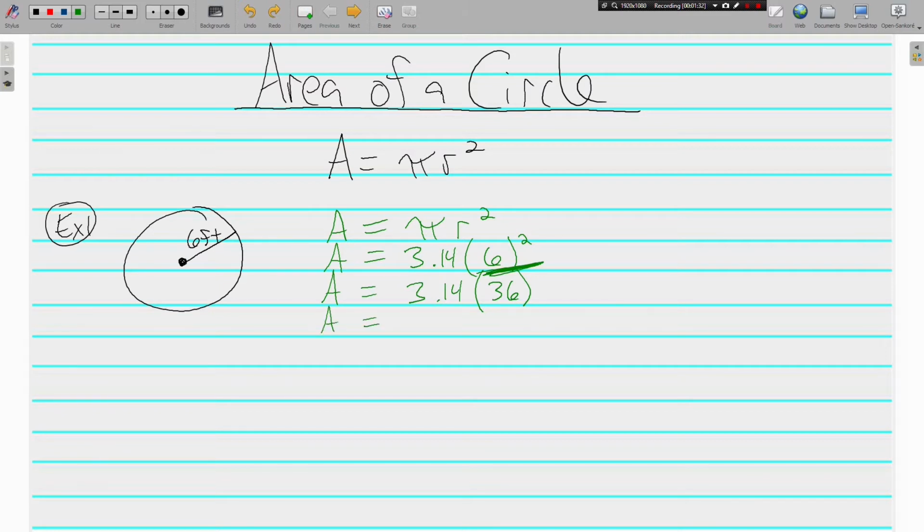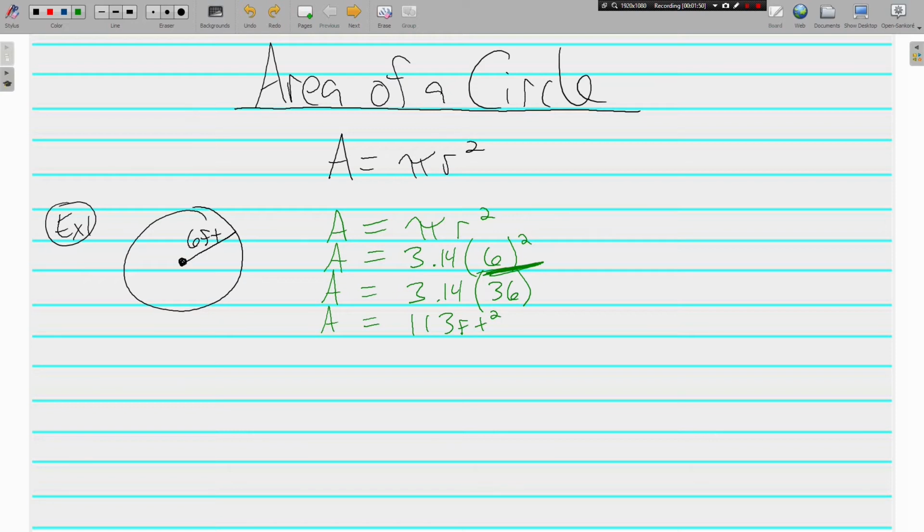And then we put that in the calculator. 3.14 times 36 to the nearest tenth is 113 square feet. We found area, which is a two-dimensional thing, so it gets the little 2, square feet.